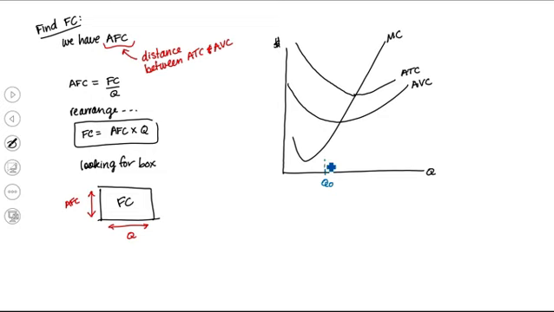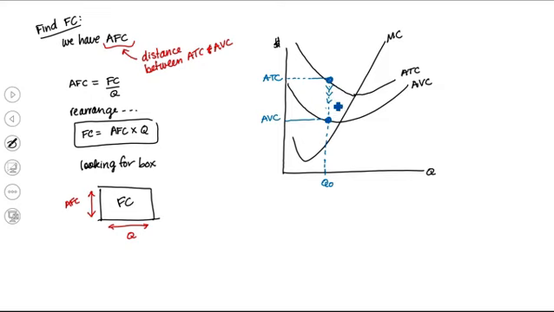And do you agree we need to find average fixed cost? So to do that, I need average variable cost, and I need average total cost. All right, everybody with me so far? We know how to find those. So where's average fixed cost? In between the curves, right?